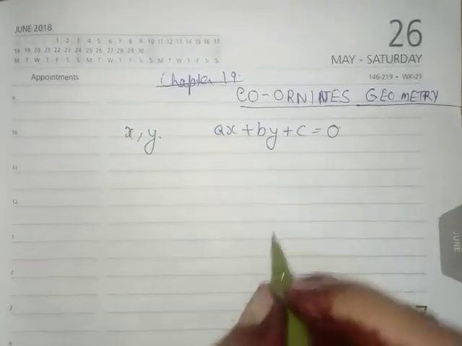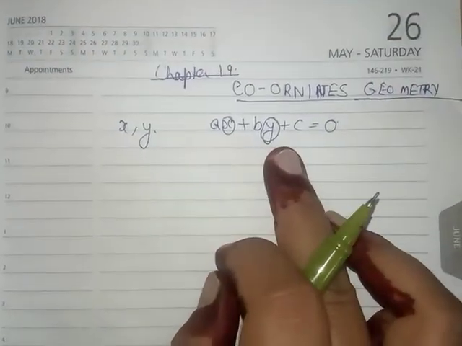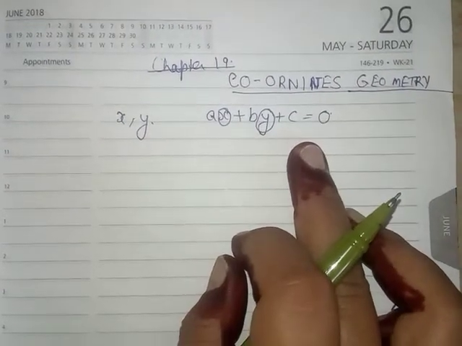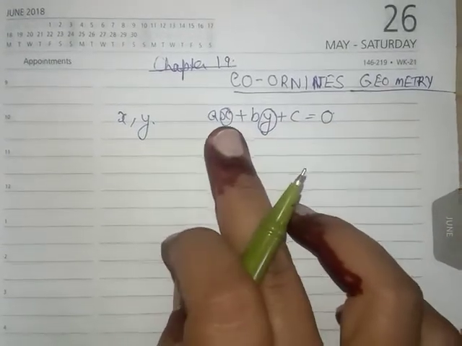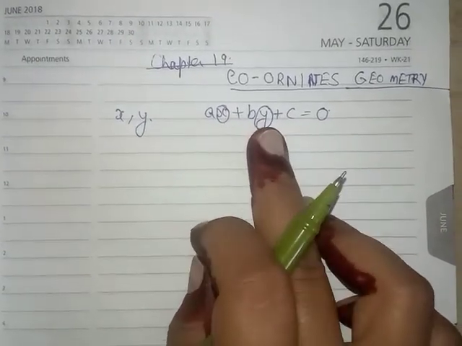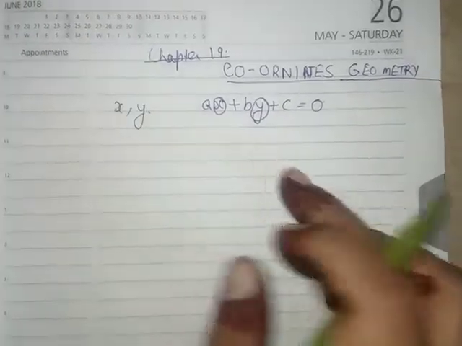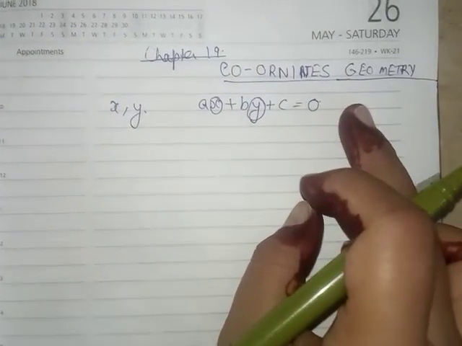In that equation, the variables x and y can be represented in the form of a line. It is an equation of linear form, so it forms a line. On this line, two points lie, this x and y. We will have to show these points in the form of a diagram now in coordinate geometry.